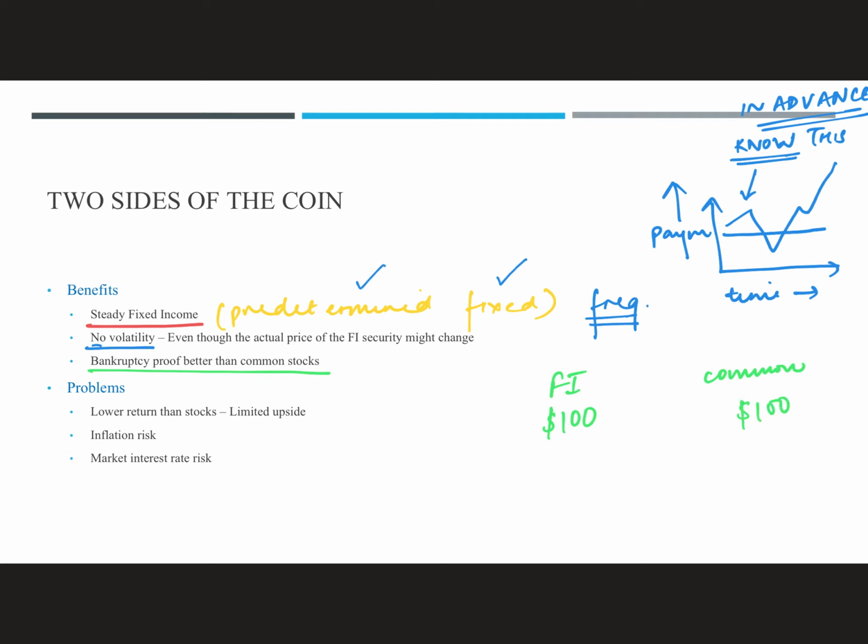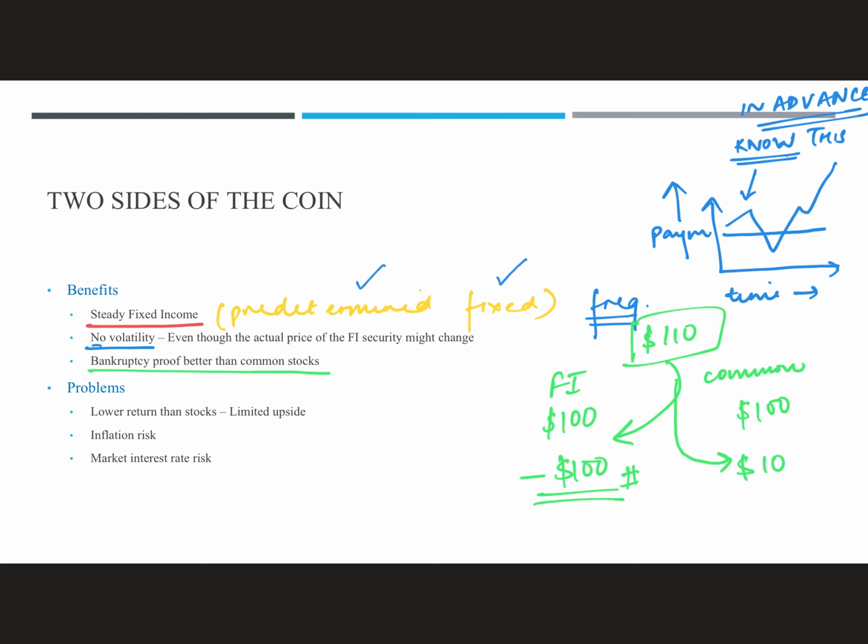The company went bankrupt, and after selling off all of its assets, you receive only $110. Guess what? First, the $100 will be given to fixed income securities, and then whatever is left will be given to the people holding the common stocks. So you see, fixed income securities are better covered than common stocks in case of bankruptcy.